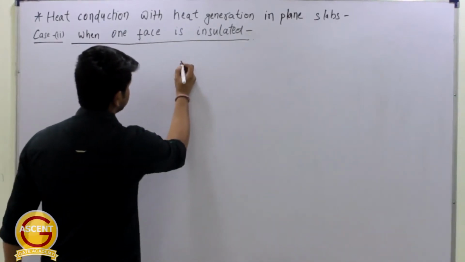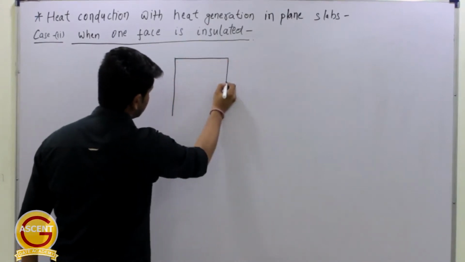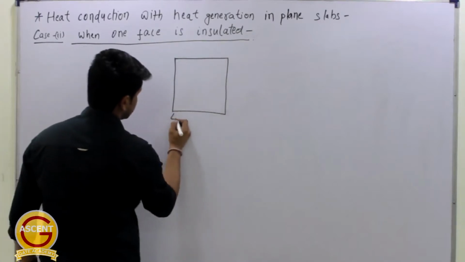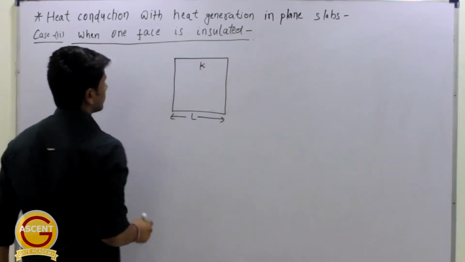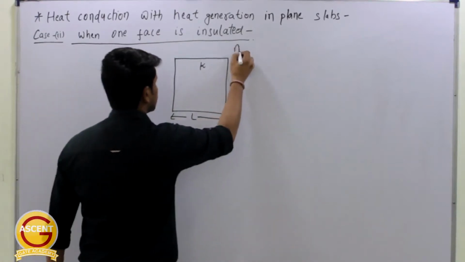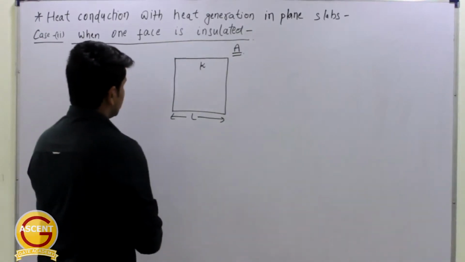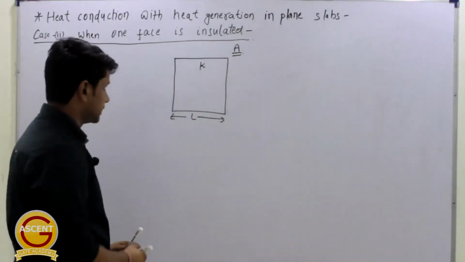So let's say this is our plane slab. Again the thickness, let's say it is L, thermal conductivity is K, and area of cross section is A, or the area of heat transfer. Now we are considering that one of the faces is insulated, right?